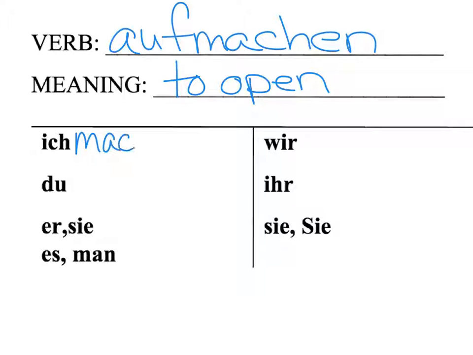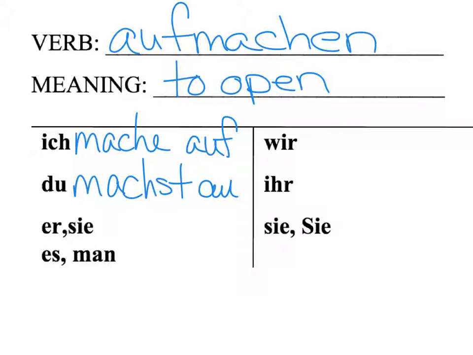Mache. Don't forget the other part, otherwise it changes the meaning. Auf. Machen. You should know that one by now. Alright. What about du? Machst auf. How do you conjugate? It's a nice normal verb. Nothing weird. Macht auf.